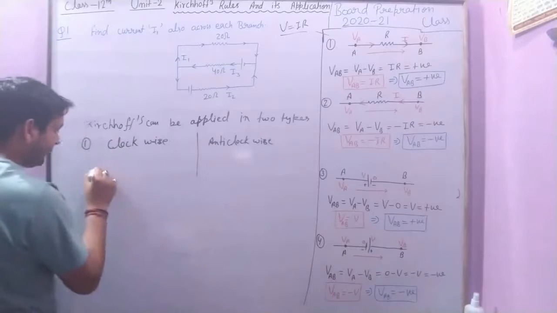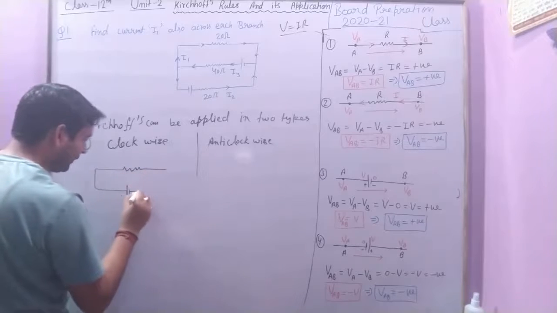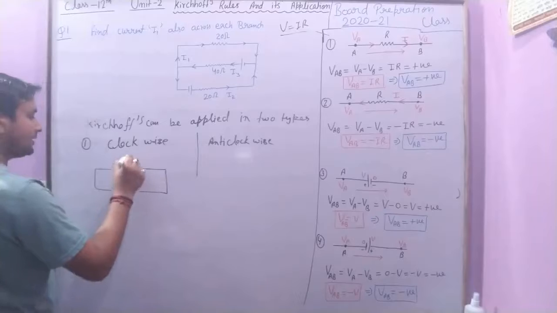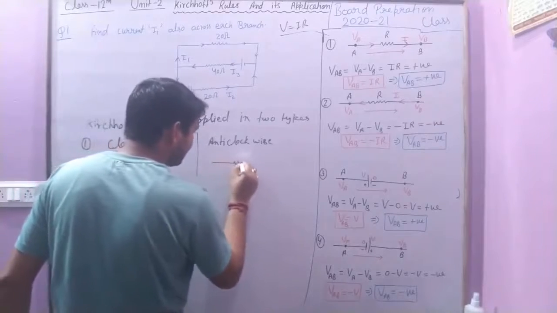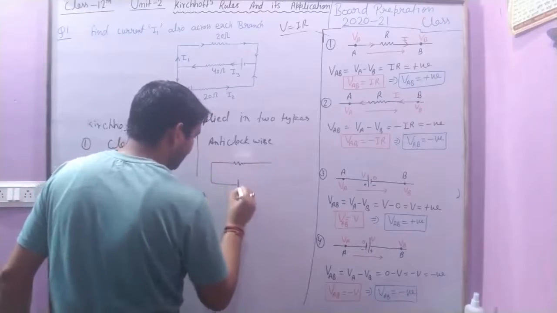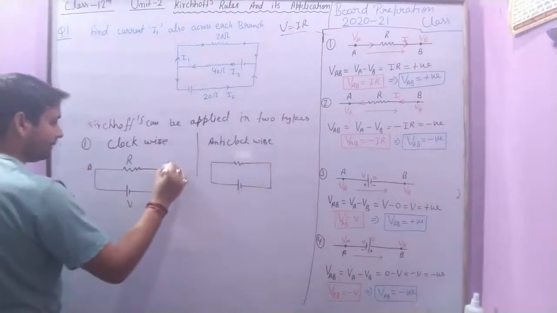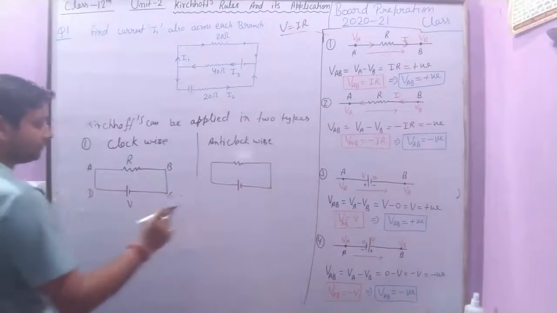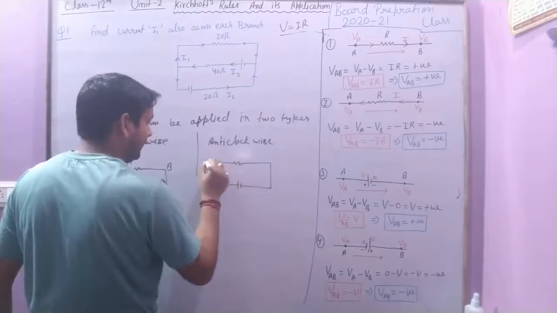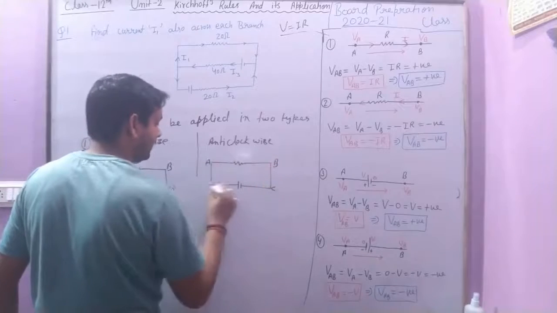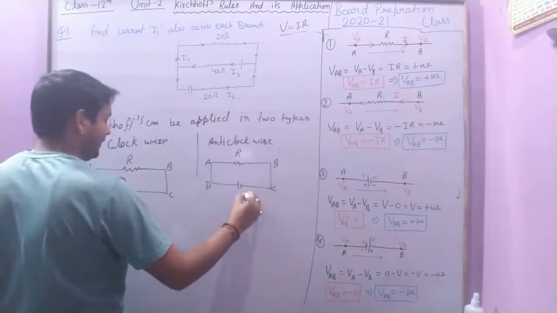Let's say we have a simple circuit of one resistance carrying a battery of V volts. As you know, this is an Ohm's law circuit, and here again we have the same circuit, with points A, B, C, D. Students, this is a resistance R and a battery of V volts.